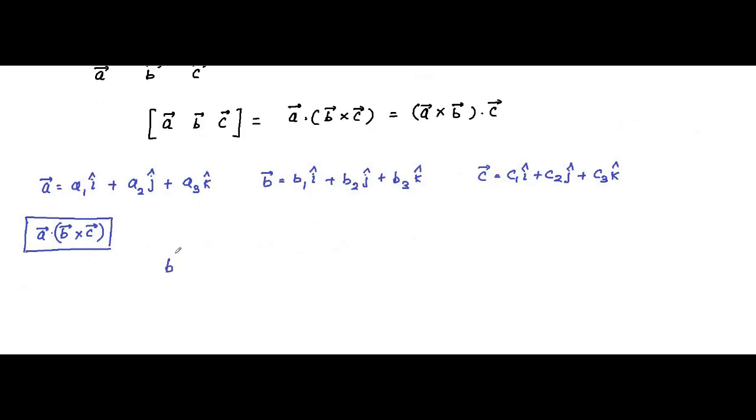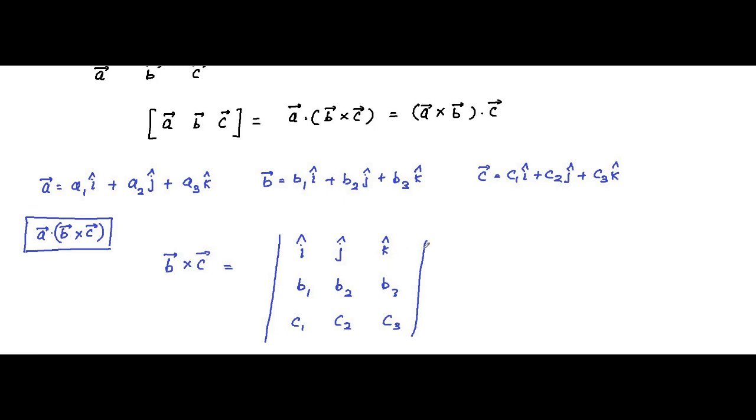So B vector cross C vector will be equal to how much? i cap, j cap, k cap, B1, B2, B3. We have already discussed cross product, okay, vector product, you can check it out. C1, C2 and C3. The X, Y and Z components.